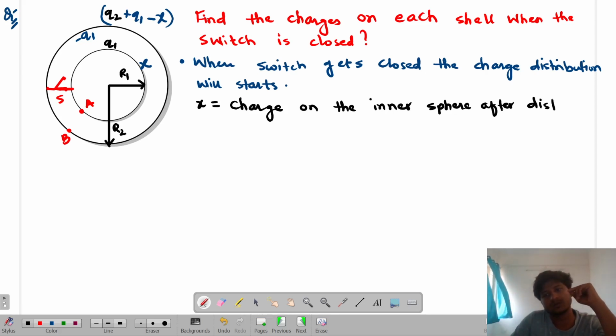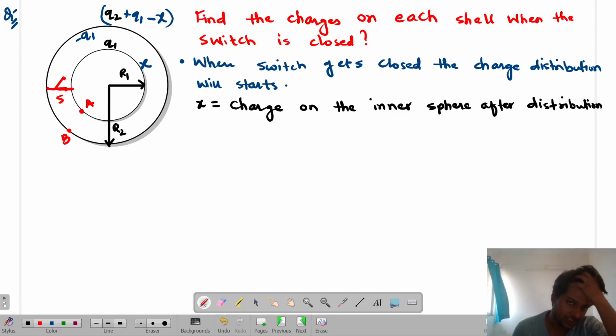Look over there. Which surface has more charge, inner or outer? Initially Q1 was on the inner surface and Q1 plus Q2 was on the outer surface. So basically, some charge from the outer one will come onto the inner one, isn't it?